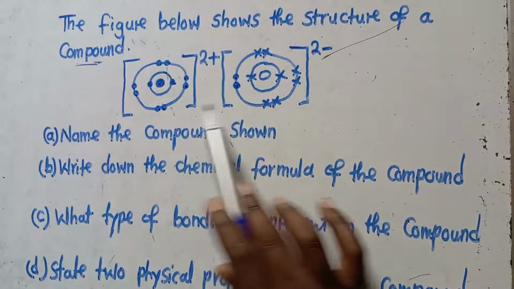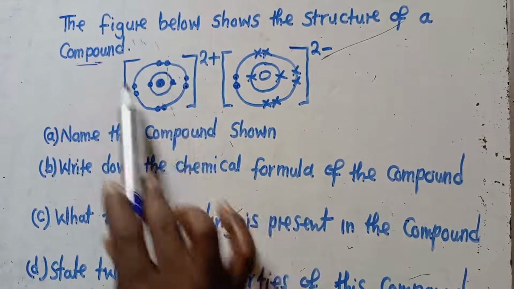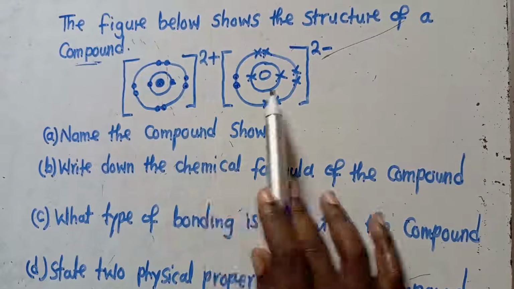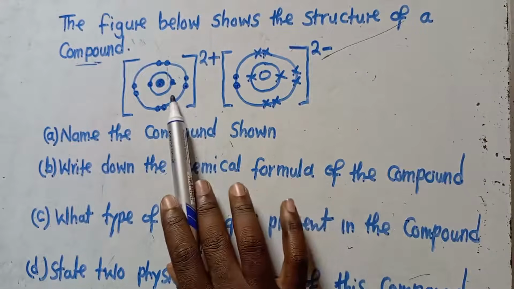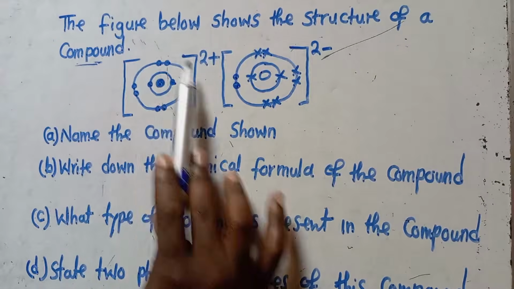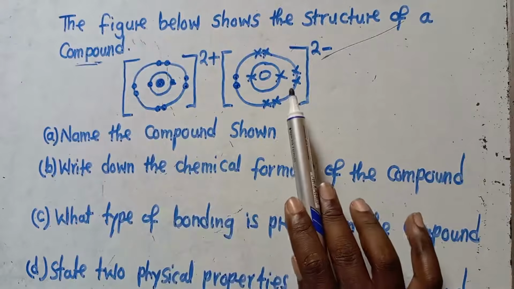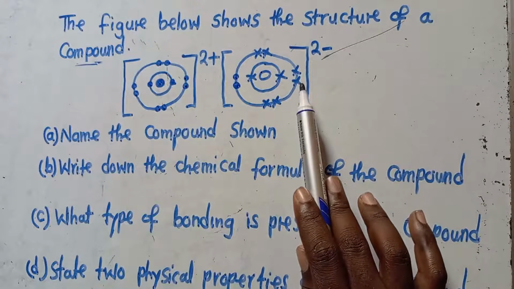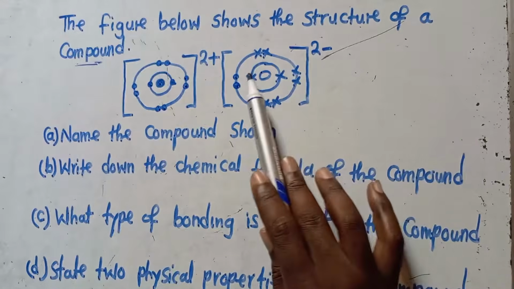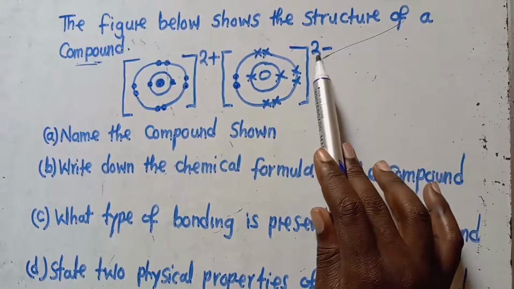For us to know the name of this compound, we check how many electrons are here. Before these became ions, this one had to lose 2 electrons, and this one gained 2 electrons. So from the number of electrons shown, we remove the 2 that it has gained.